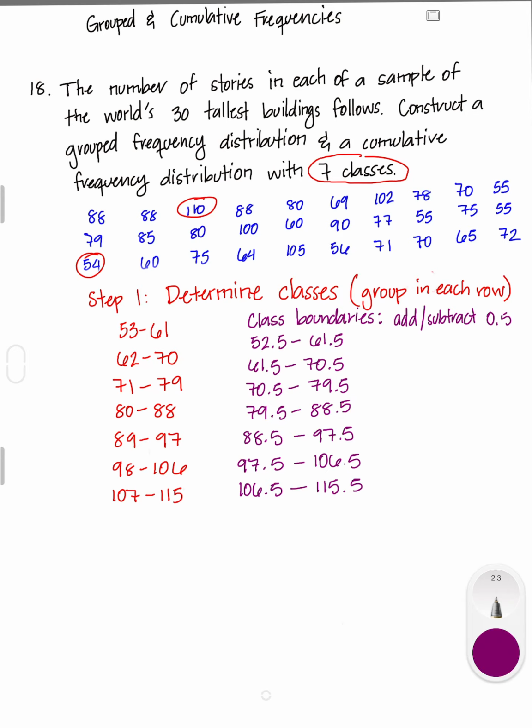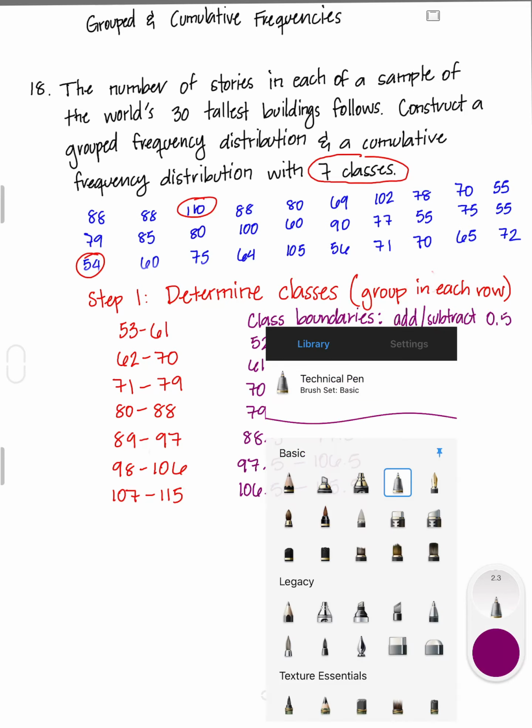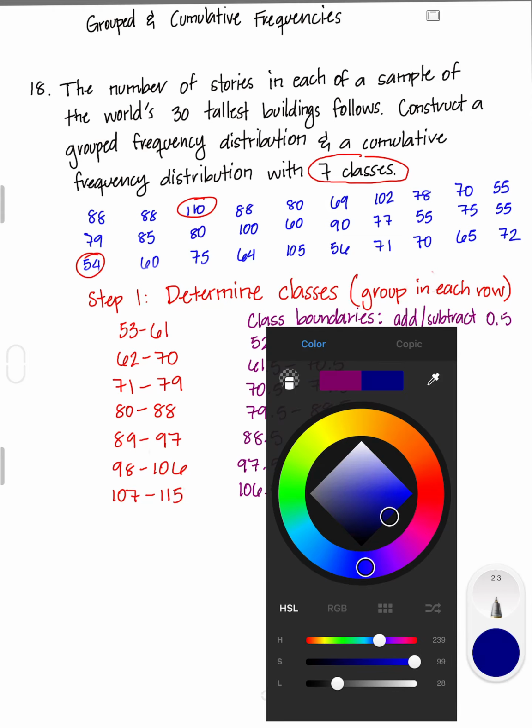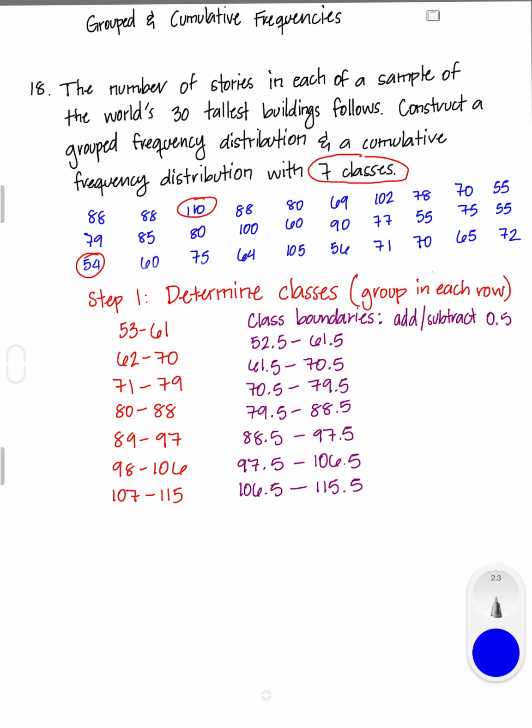So now that we have that, we can go ahead and create our table. I'm going to rewrite this at the bottom. We are about to do basically what we did for the previous example on the categorical frequency distribution.